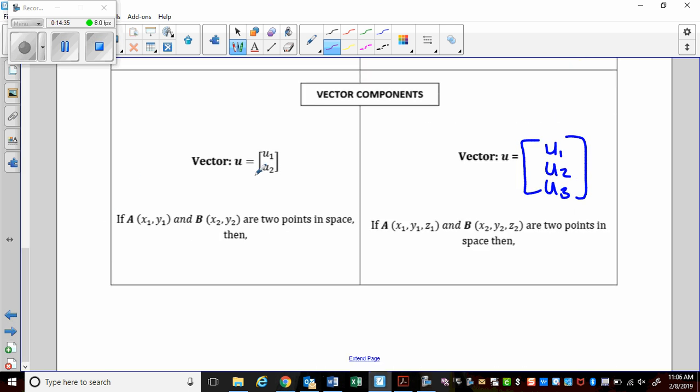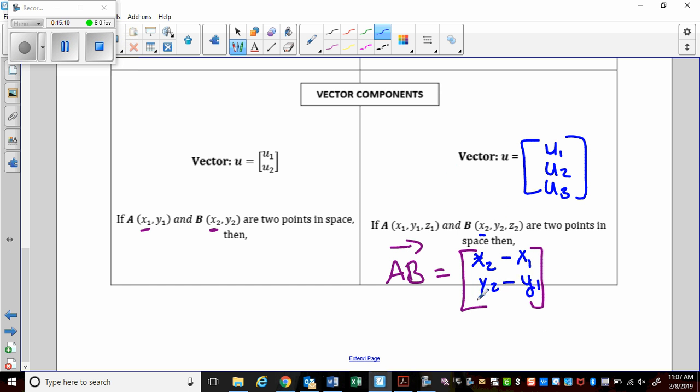If we have A and B with 3 dimensions, then AB is still x2 minus x1, and still y2 minus y1, B minus A, and we're going to have z2 minus z1. It follows the same pattern.